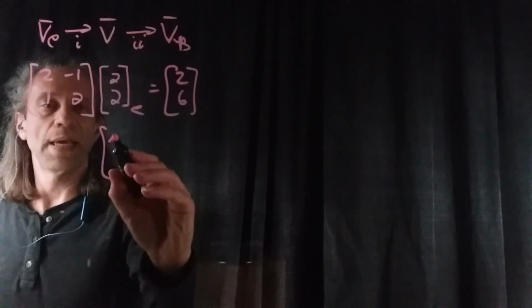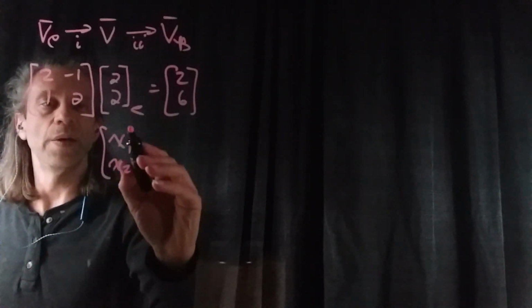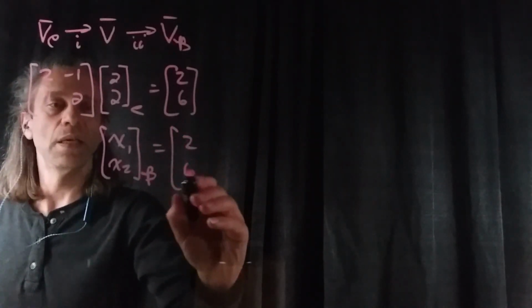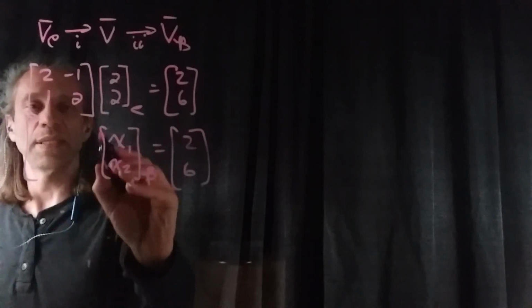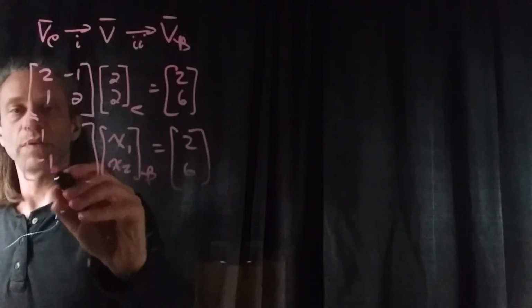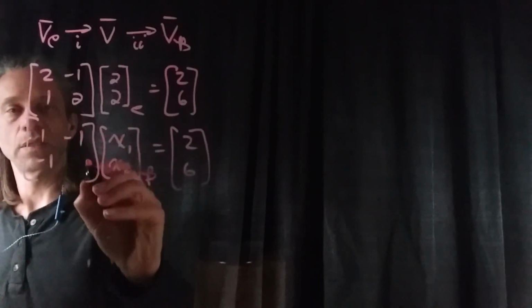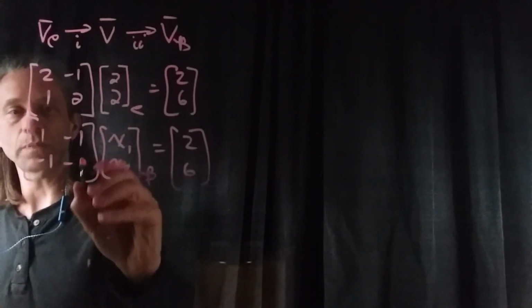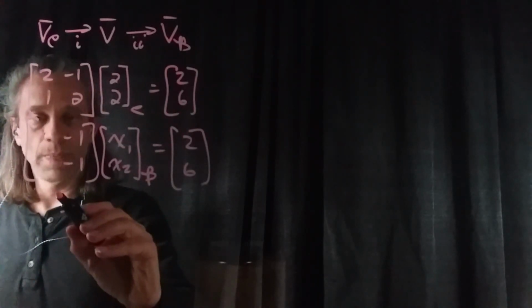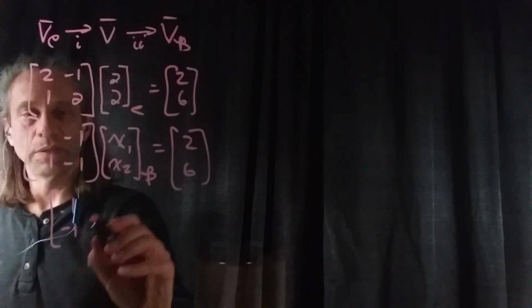Now, to convert that to the unknown coordinates with respect to basis B, we have to solve this system where, again, the matrix here is just the coordinates of the vectors in the basis B written in a matrix. So this we can do easy enough by row reduction.